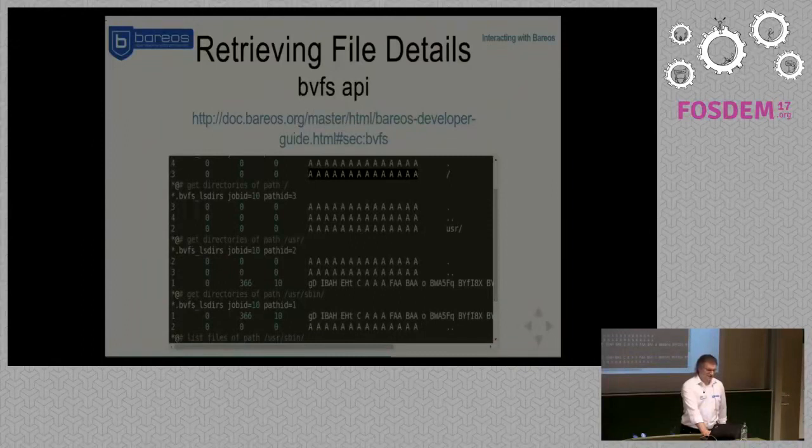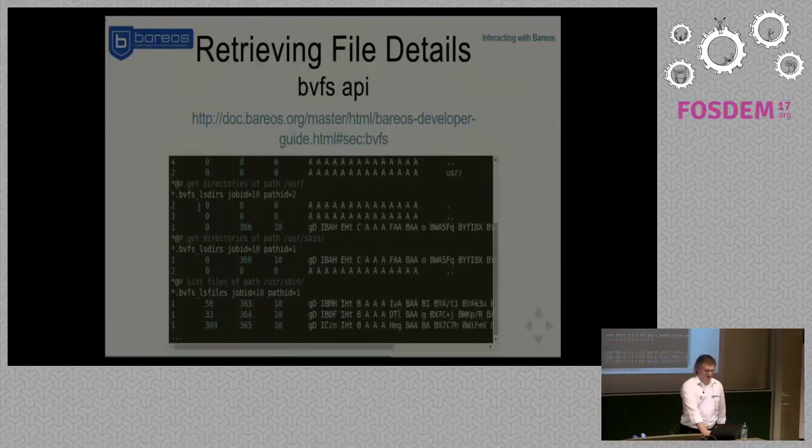Then you see, oh, there's a usr directory, still with no information, but it has path ID 2. And then you look for the directories in path ID 2. Then you at least see, oh, this is really something, because here is some information. And the usr/sbin directory is in path ID 1. And there are no further subdirectories, but you can list the files that are in this directory.